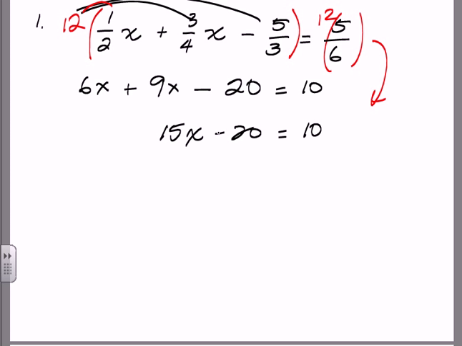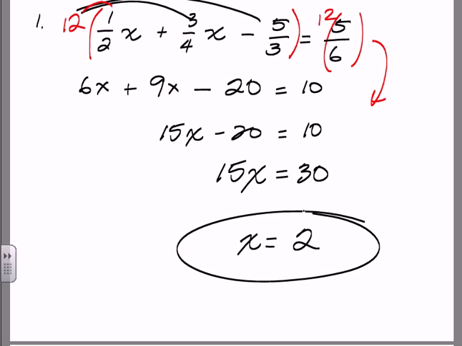When we add 20 to the left, we get 15x minus 20 plus 20, so it's going to be 15x plus 0, which we can just write as 15x. Add 20 to the other side, we would get 30. To get x all by itself, we need to divide by 15, and we would get the x all by itself on the left and 2 on the right. Oh, that was so much easier.